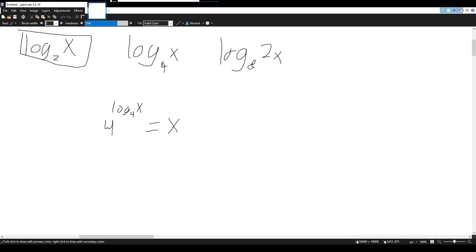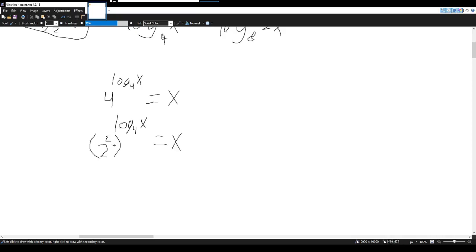So we can rewrite 4 as 2 squared. Instead of this, we can say 2 squared to the power of log base 4 of x equals x. The parentheses can basically just be rewritten as 4, so it's the same. Then because of the properties of exponents, when you put exponents on exponents in a tower, you can just multiply the log base 4 of x and the 2 going down.